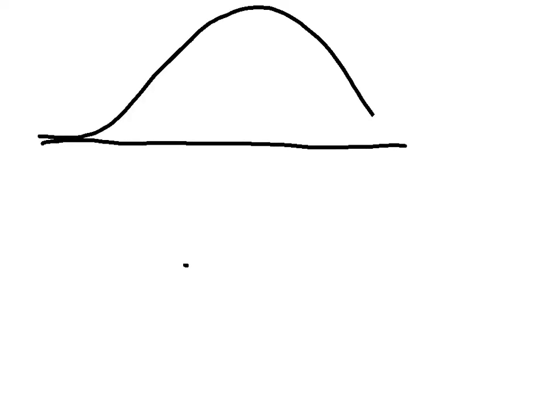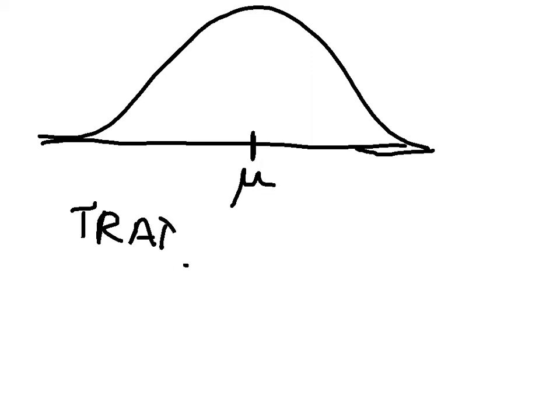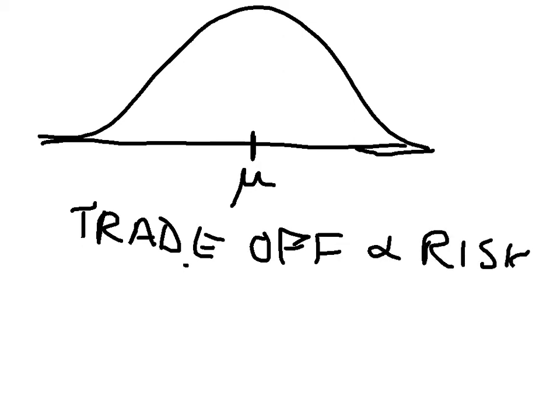let's take our normal curve. Remember, that goes between negative infinity and positive infinity, and I'm looking for mean mu. And I'm saying, okay, I'm willing to trade off alpha worth of risk. And alpha is some probability, so it might be 0.05 or 0.5, 0.02, something like that.